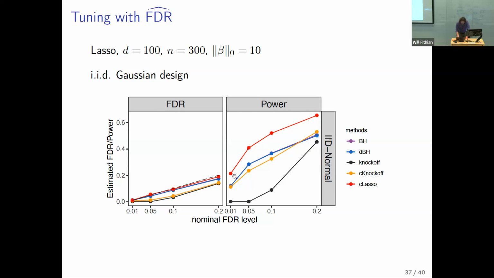If we compare our method to a variety of other methods like knockoffs, this problem is a little bit too small for knockoffs. The BH method is hiding under this blue curve, has decent power, but not very good.